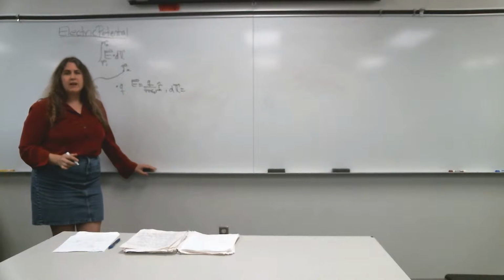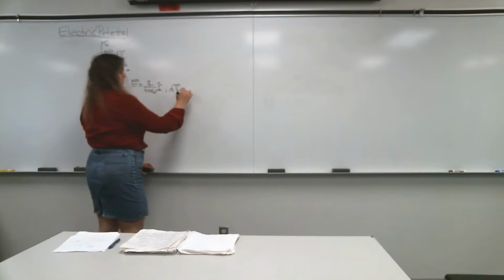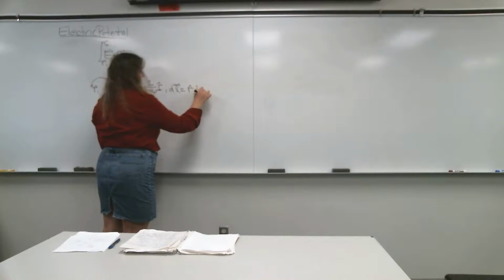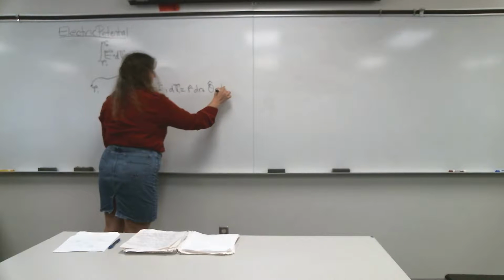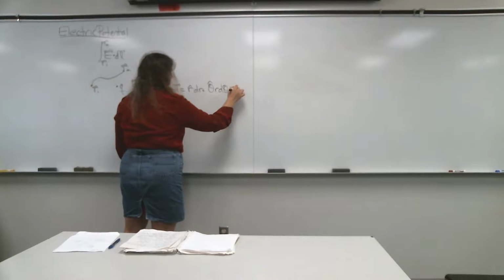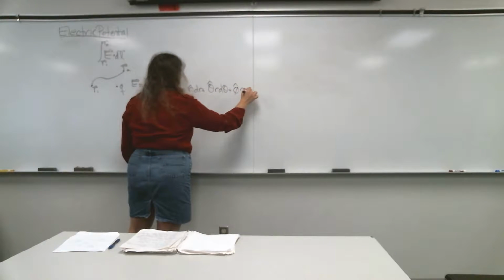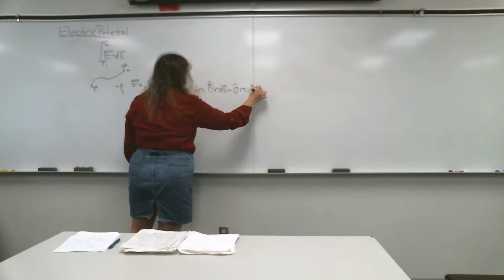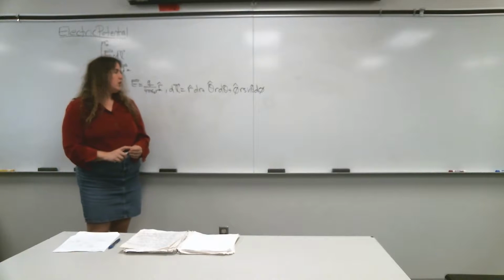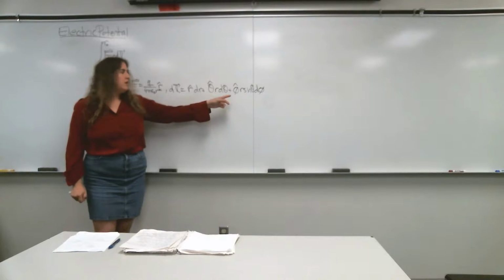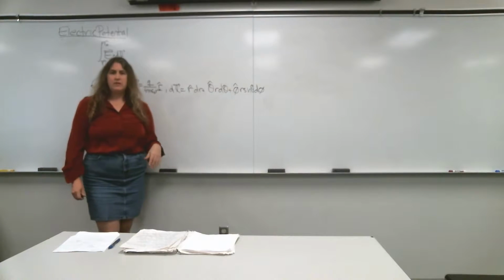I'm going to take my line element and write it in terms of spherical coordinates. The line element is r-hat dr plus theta-hat r d theta plus phi-hat r sine theta d phi.